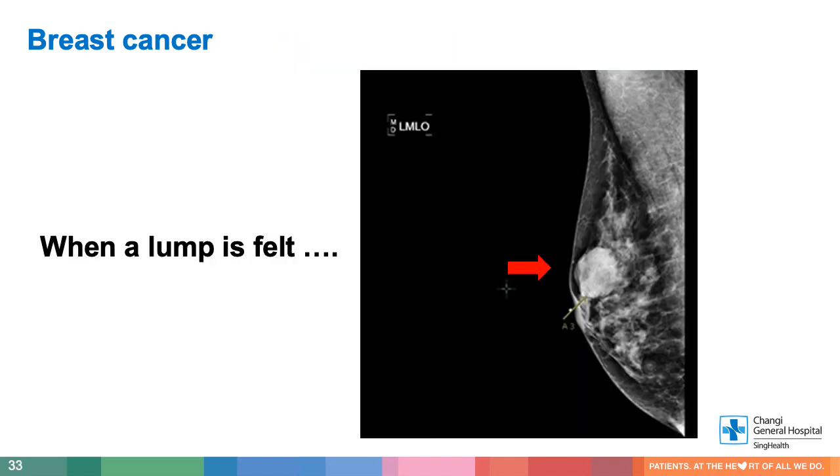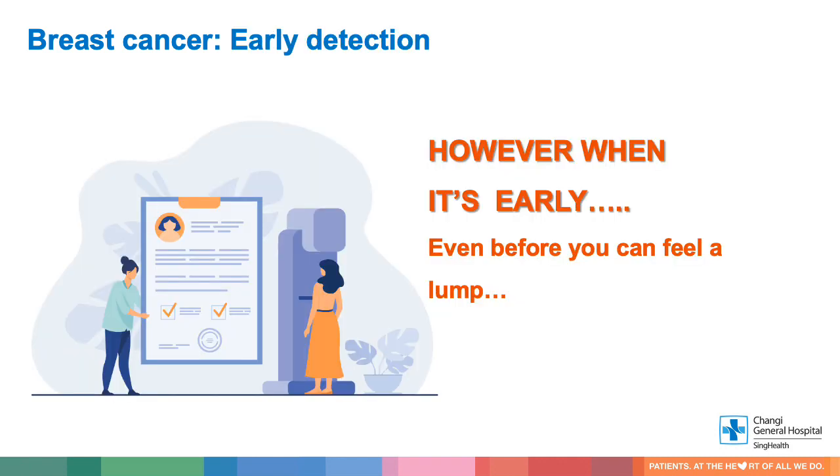And when a breast lump is felt, as pointed out by the red arrow here, this is how the lump would look. However, when it's very early, before you can even feel a lump, how would your mammogram show?